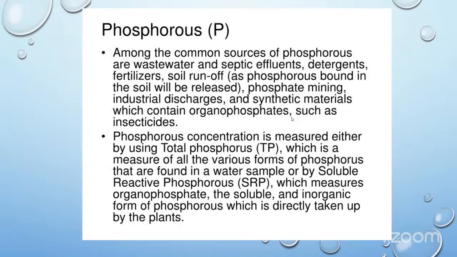Phosphorus concentration is measured either as total phosphorus, which is a measure of all the various forms of phosphorus found in a water sample, or as soluble reactive phosphorus, which measures orthophosphate, the soluble and inorganic form of phosphorus, which is directly taken up by the plants.